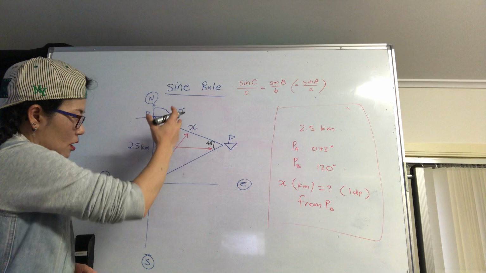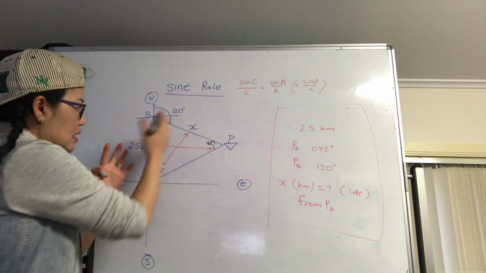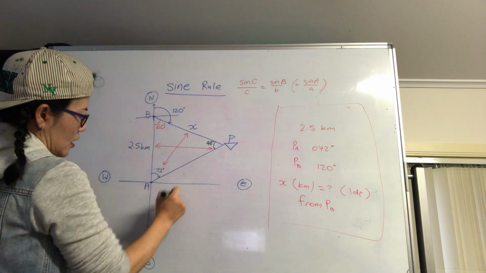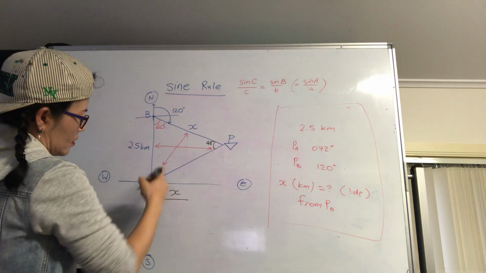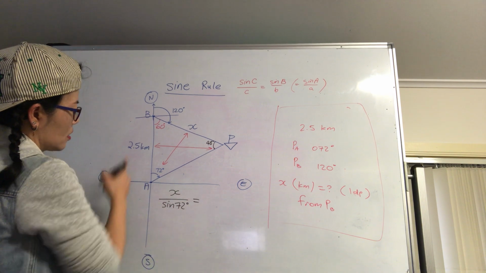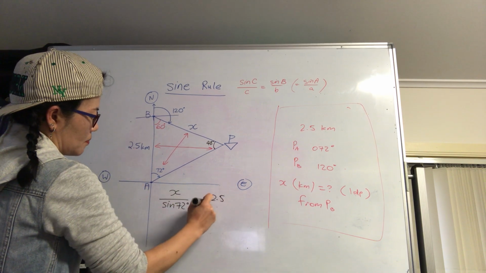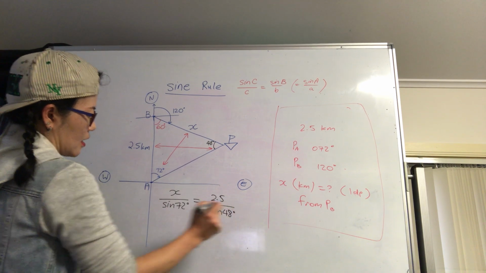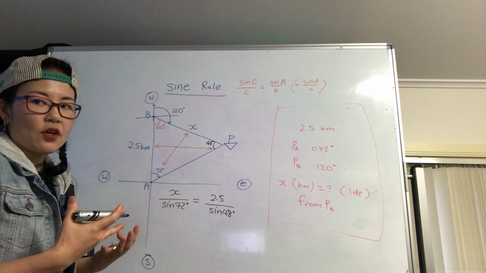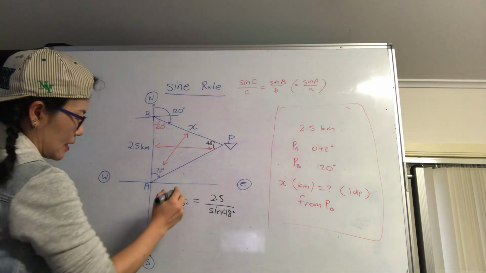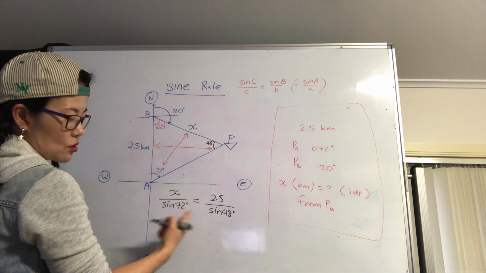Now I've got the two sets of pairs here that we can actually work with sine rule. So I'm going to use X on the top: X over sine 72 degrees equals 2.5 kilometers over sine 48. Now, do you understand what I've done? If you don't, watch more than once, please. Now, I'm going to times by sine 72 on both sides.